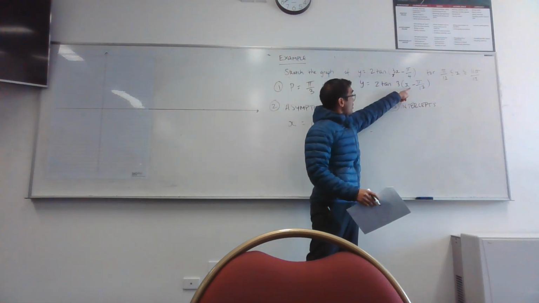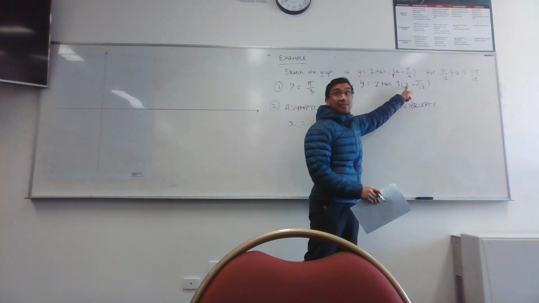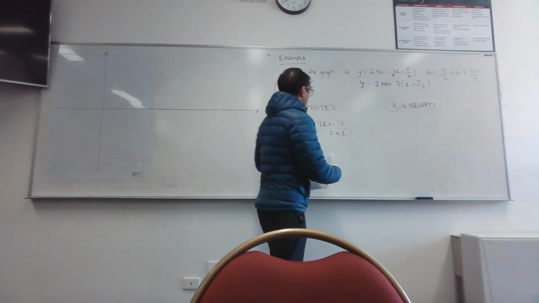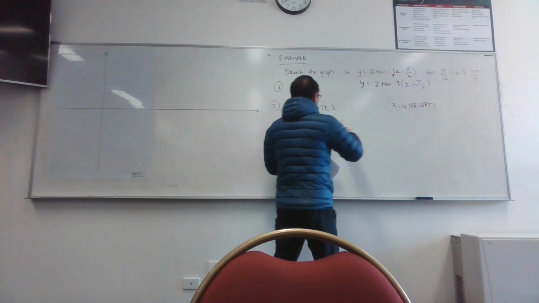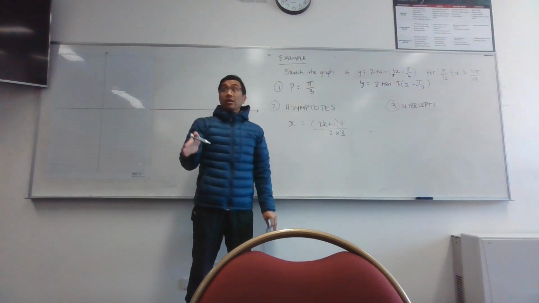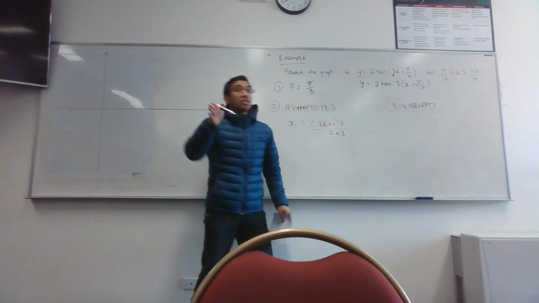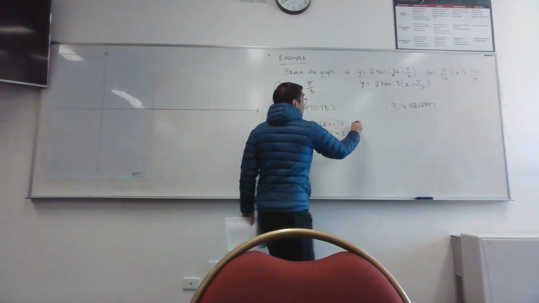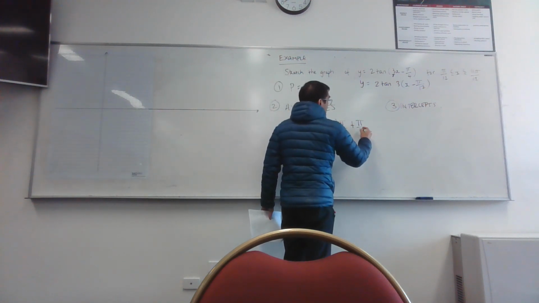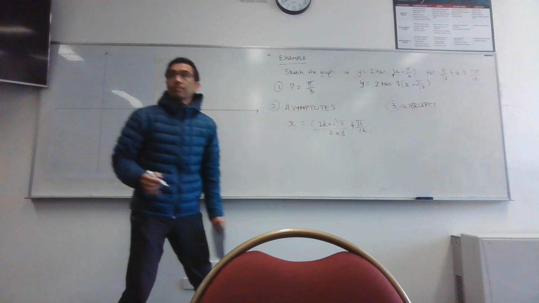There's a shift in there, but this is the real one because now x is by itself. So all our asymptotes, all our dotted lines, are not sitting on our zeros. They're now shifted right by pi on 12.